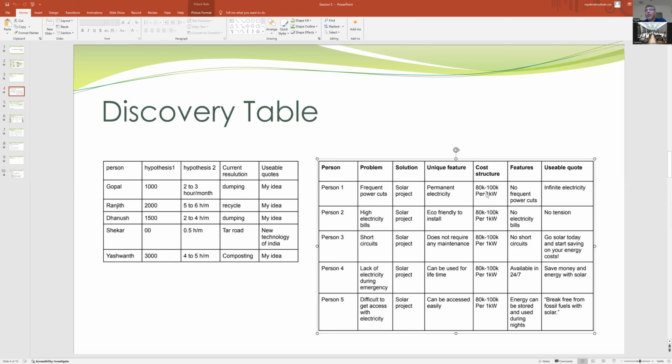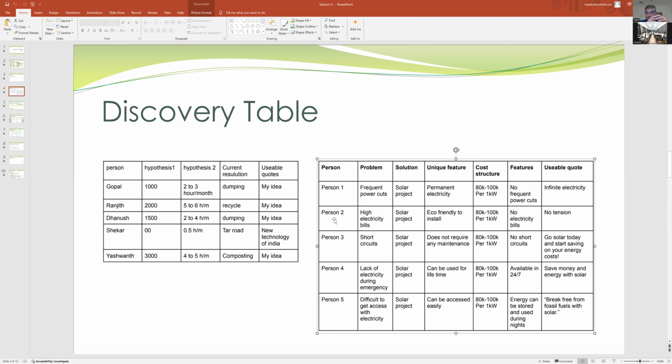Okay. Now, cost structure. This is important. You know what the cost structure is, because then it will say, will the segment you're going to target be able to pay for it? So now, again, let's go back to the segment.